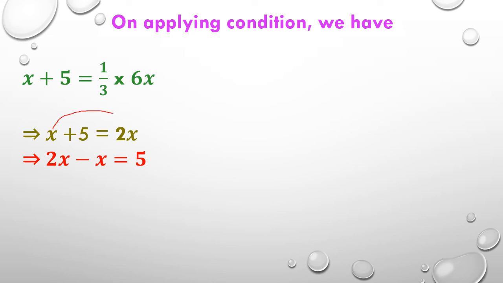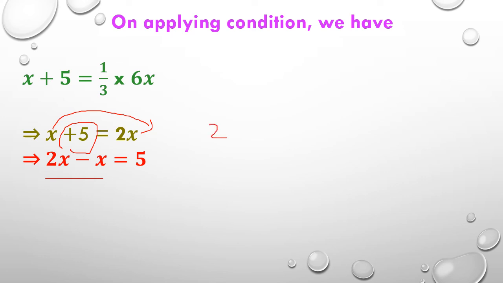I have done whatever I told you before. I have done 2x minus x, but then I brought it on the LHS. And I kept this 5 as it is. I did not change its place. 2x minus x, 5 was where it was. But then finally I interchanged both the places together.